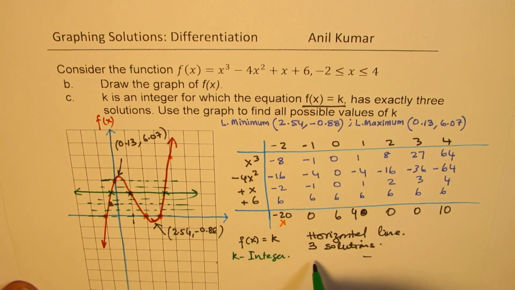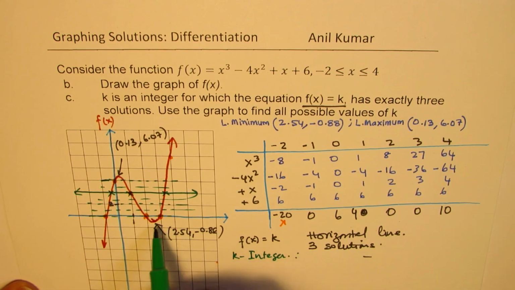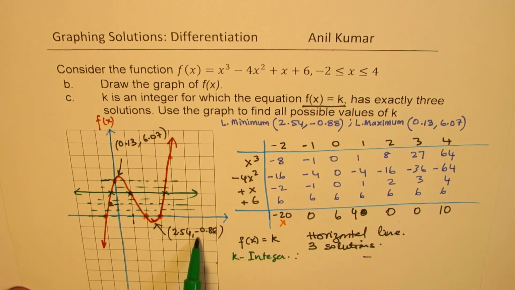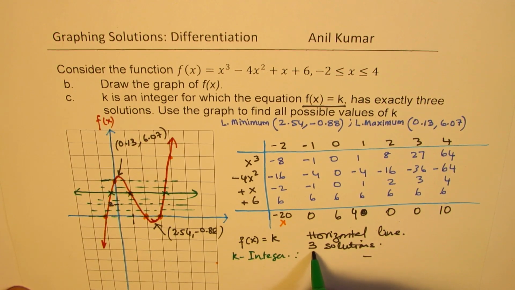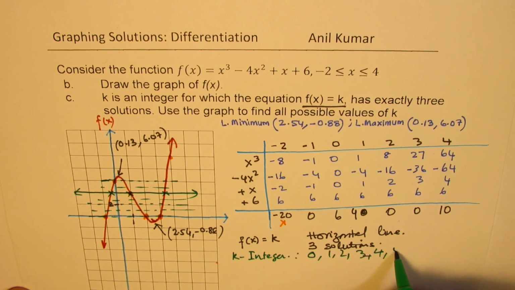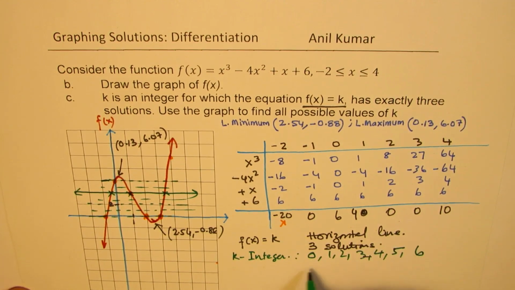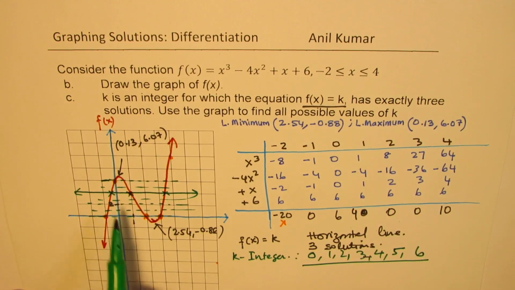The minimum is minus 0.88, so minus 1 is outside, right? Do you see that? So the integer values will be 0, 1, 2, 3, 4, 5, and 6. So these values could be the value of k to give us 3 solutions. Does it make sense to you?